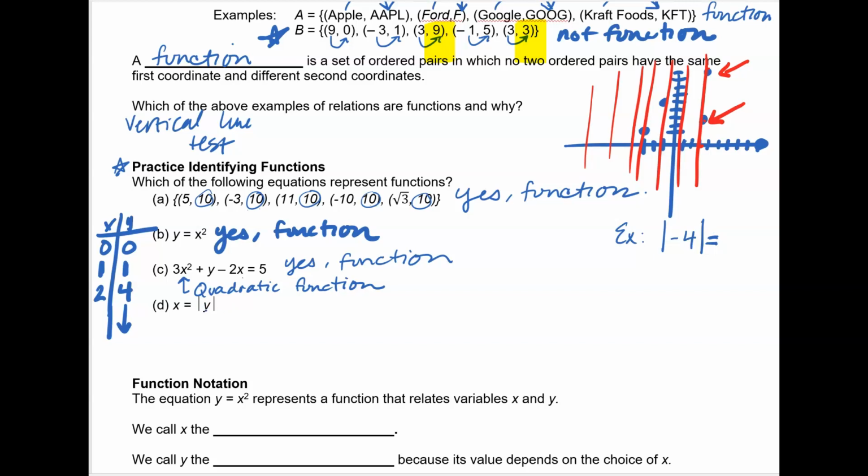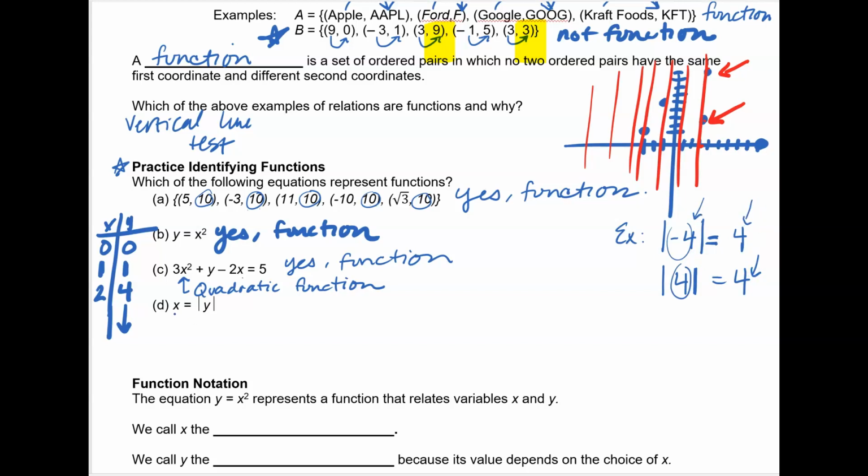So let me actually show you what that would look like. Let's do an example. The absolute value of -4 is 4. The absolute value means the distance from 0. So the absolute value of 4 is 4. So I put in two different inputs, but I get the same output there.